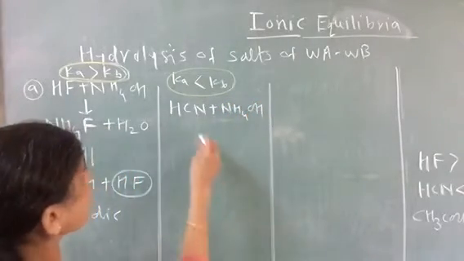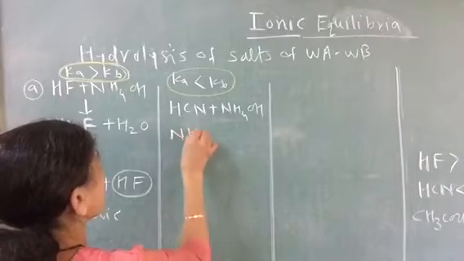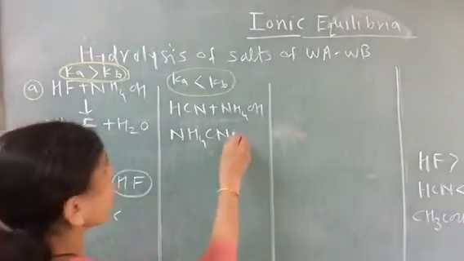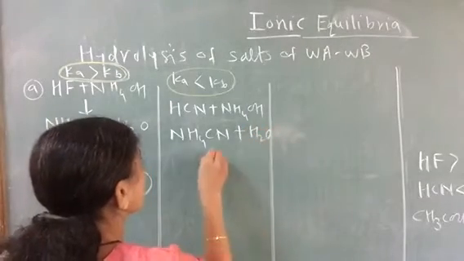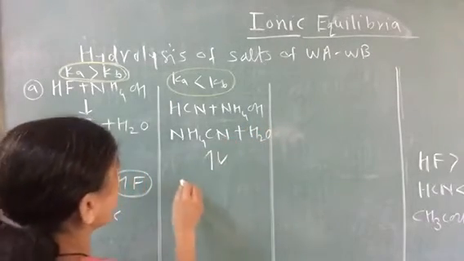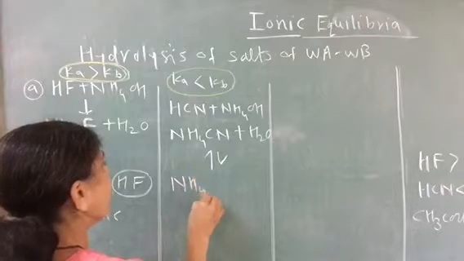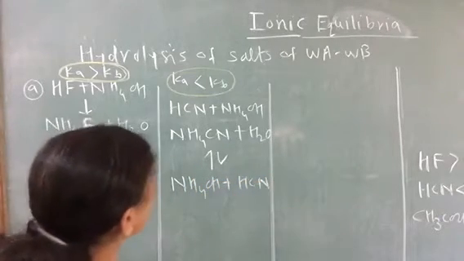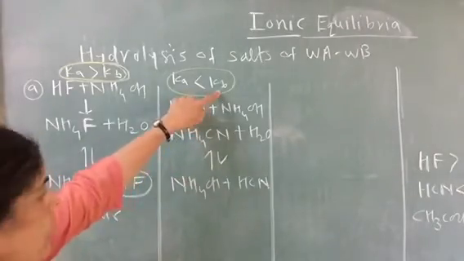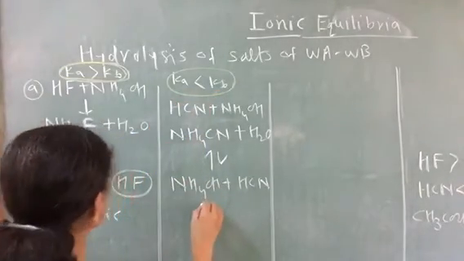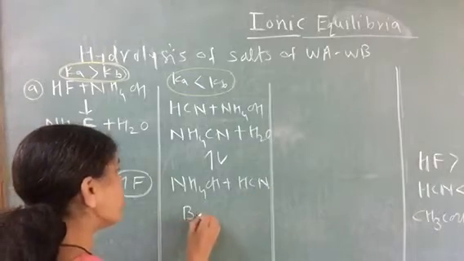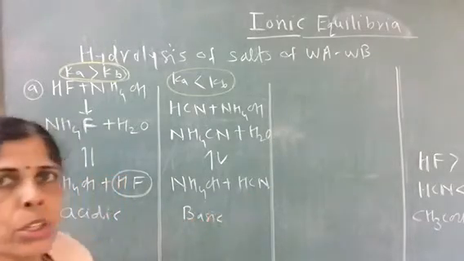The salt obtained from them is NH4CN, ammonium cyanide. If you carry out hydrolysis of this salt, you will get NH4OH and HCN. In this case Kb value is greater, meaning NH4OH is stronger than hydrocyanic acid and the solution will be basic in nature.